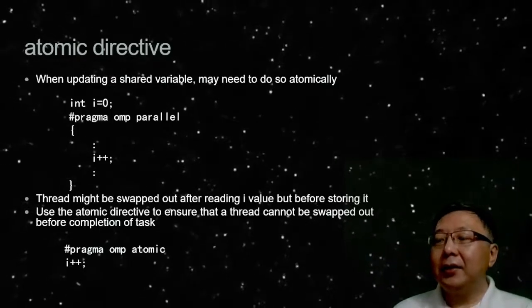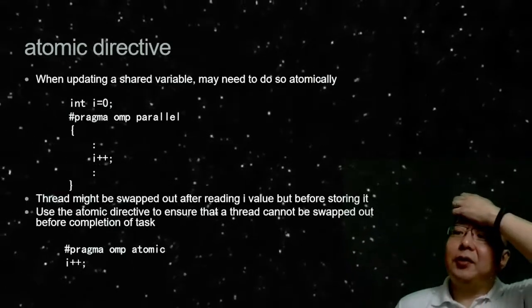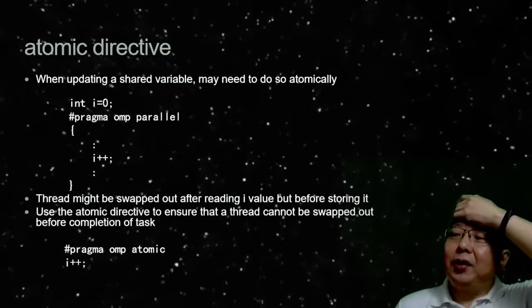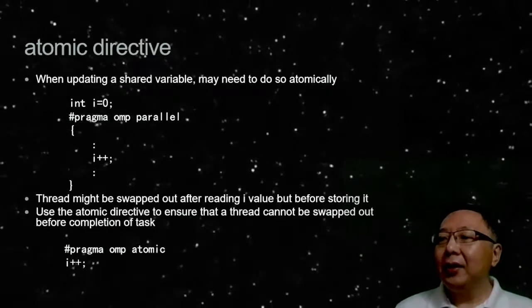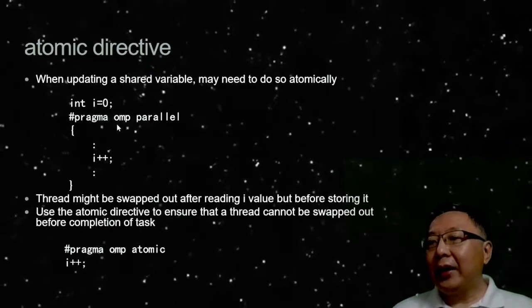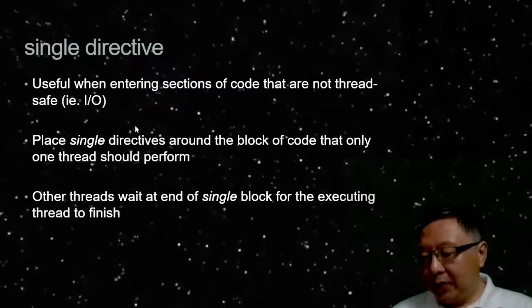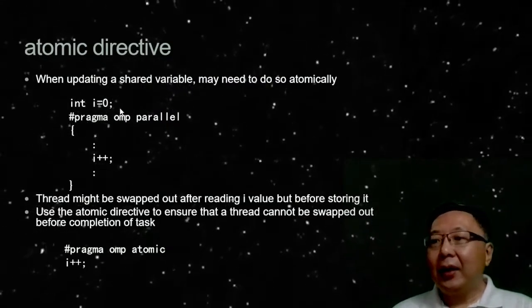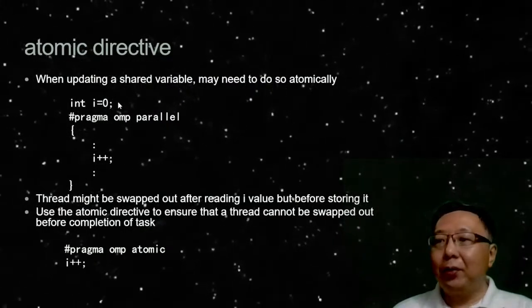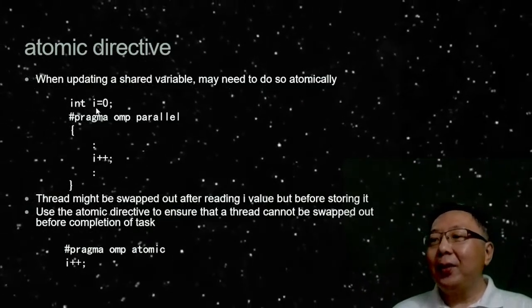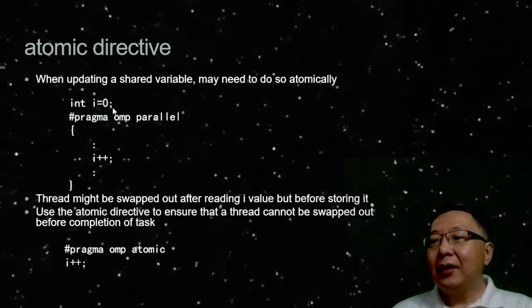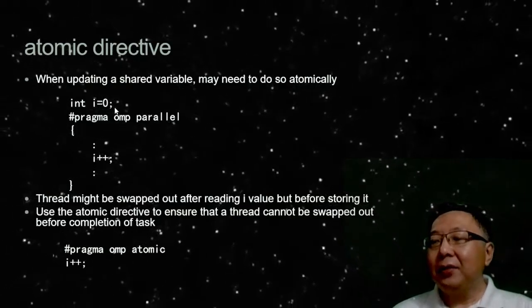Okay, then there's this atomic directive. Why we need this is that when you have some shared variable that you're updating, like for example here, I have an I that I initialize to 0, right?